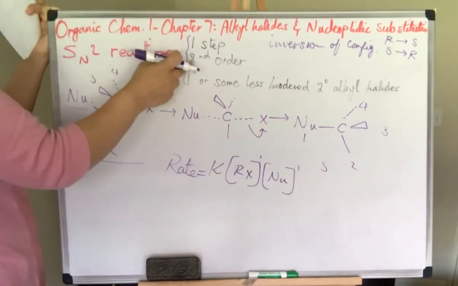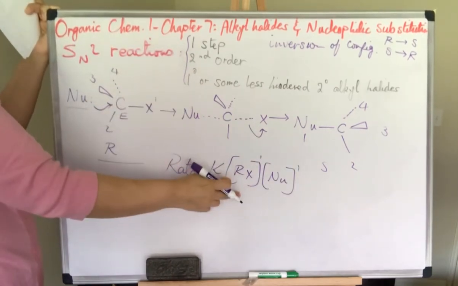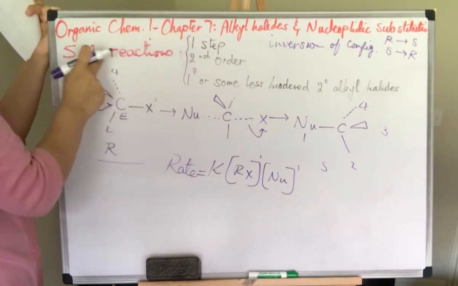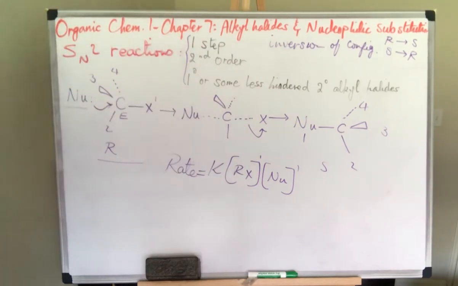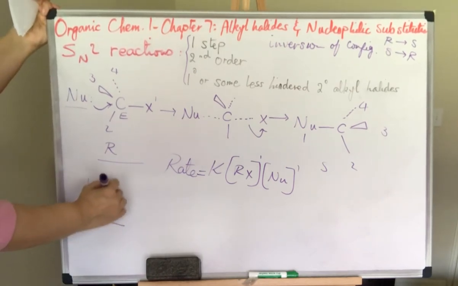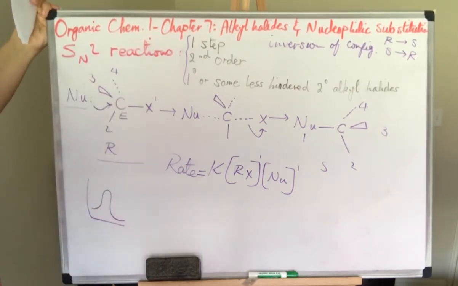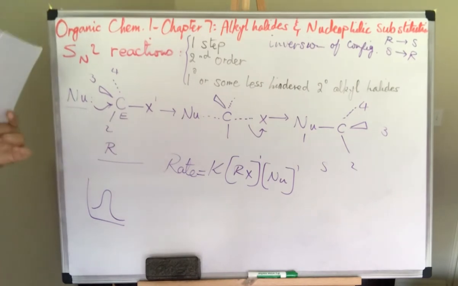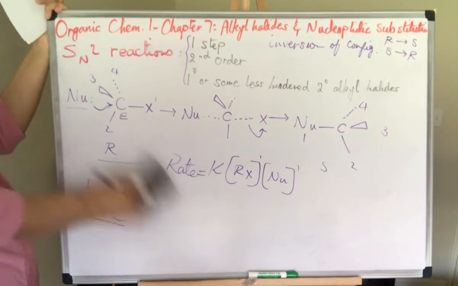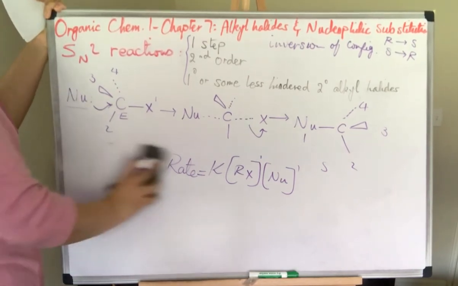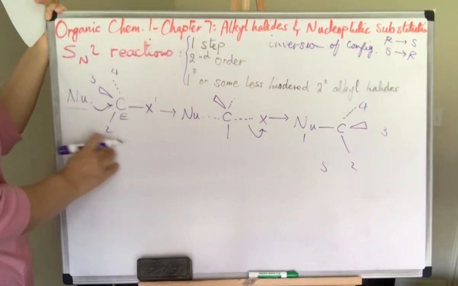So this overall reaction is second order. Didn't we say it's a second order reaction? That's why it's called SN2. There is no intermediate, so the energy diagram is like this. There is no intermediate. And I will jump to page 7 to talk about some facts about SN2 reactions.